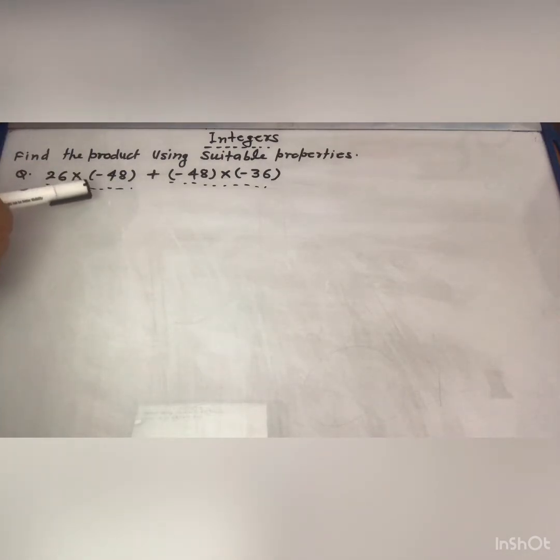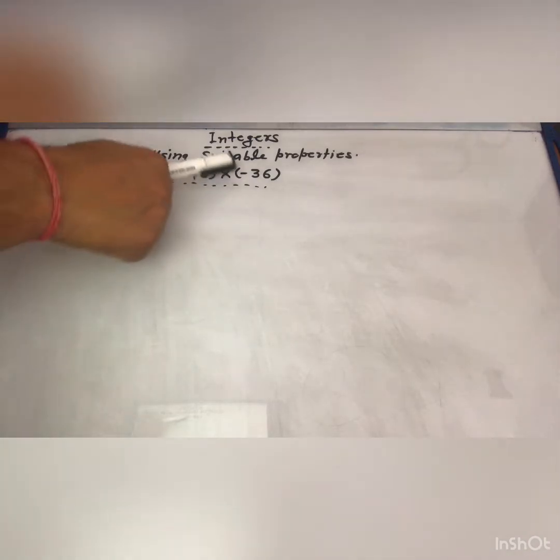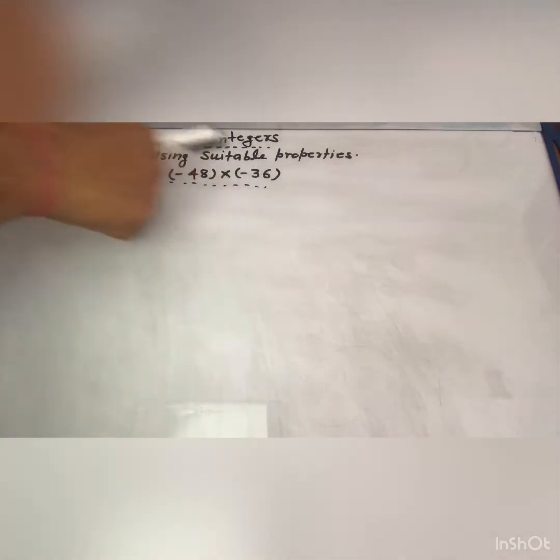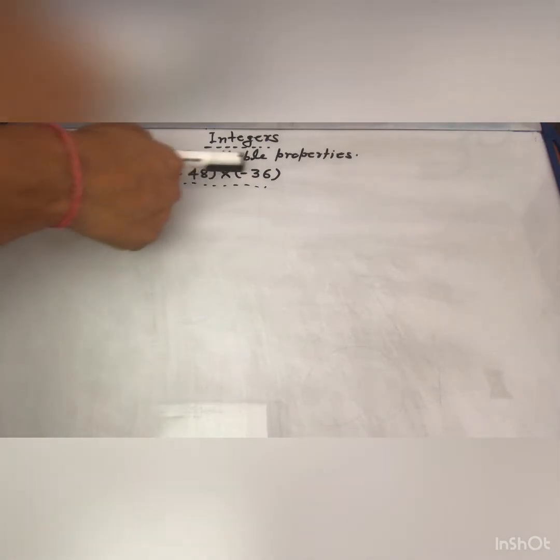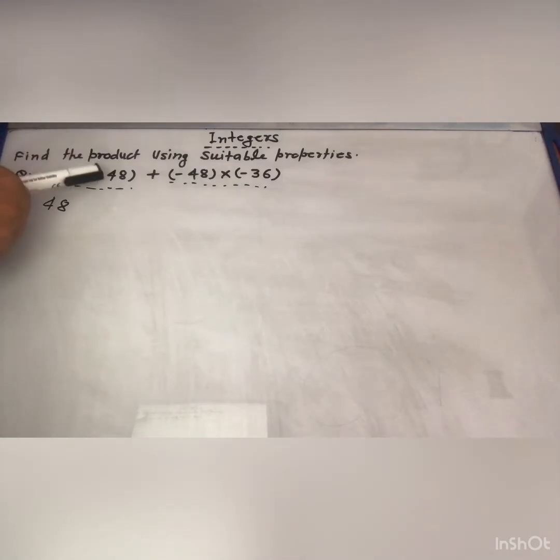You can see that 48 is present in this term and 48 is also present in the second term. So we will write 48 first, and the minus is also present in both terms. Here is one minus, here is also minus, so you take this minus also with the 48.